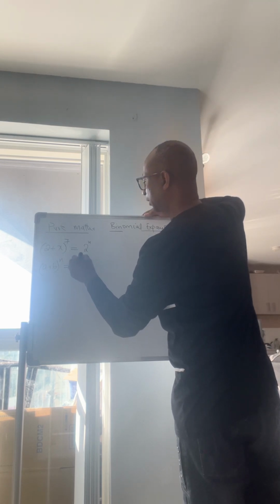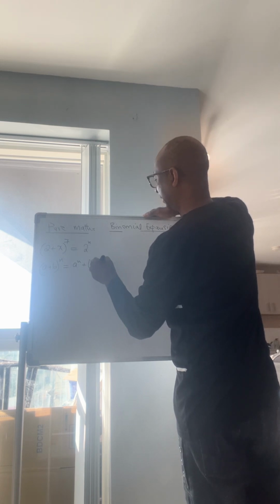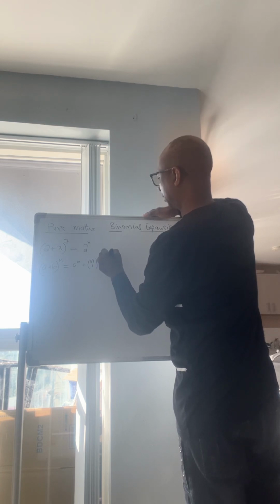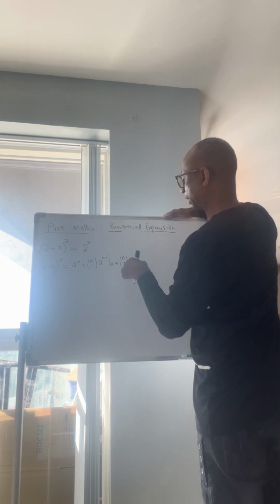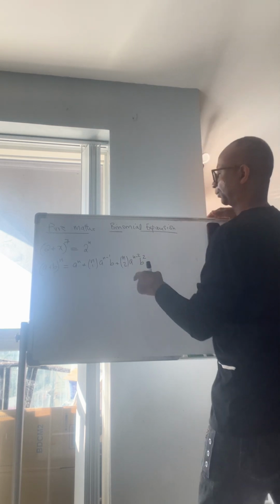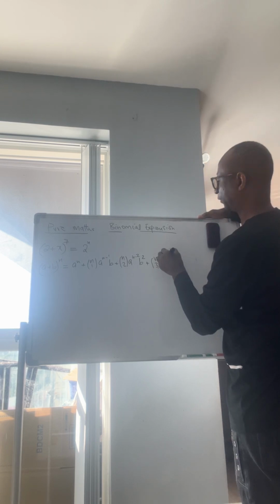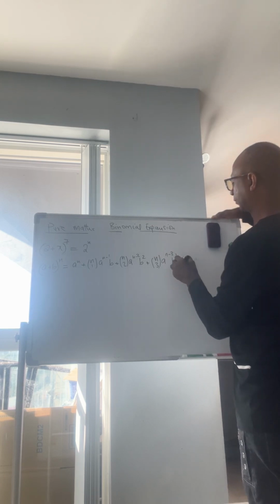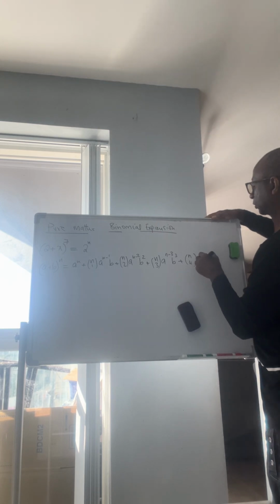This will give you a^n plus nC1 a^(n-1) b plus nC2, that is the factorial part of it, a^(n-2) b^2, where b is now increasing, plus nC3 a^(n-3) b^3, plus nC4 a^(n-4) b^4.